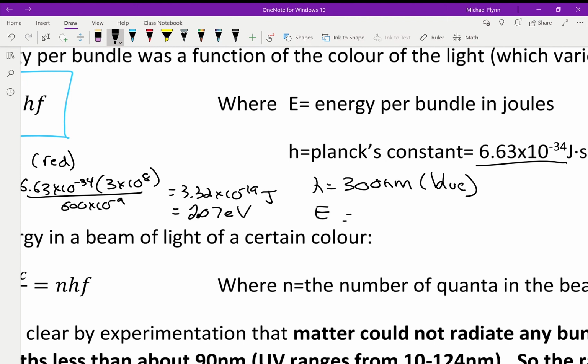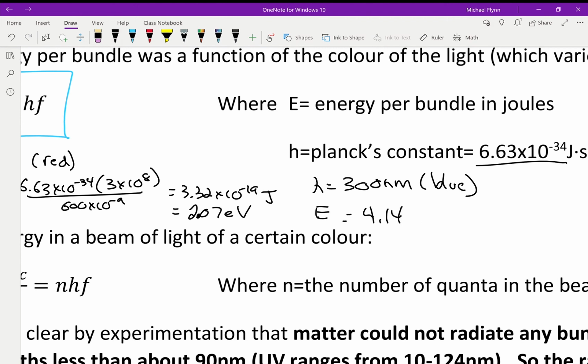It's going to be twice as much because it's half the wavelength anyway. I get 4.14. Yeah, it's exactly double.